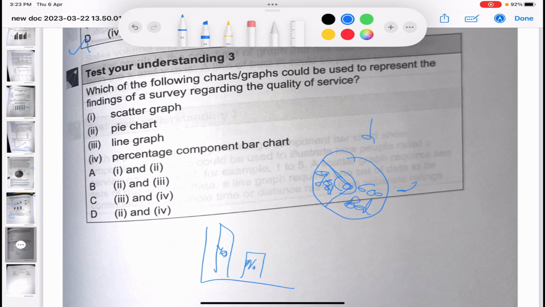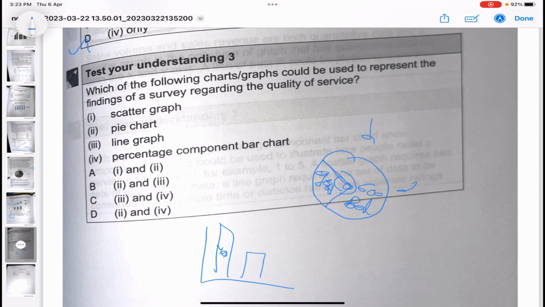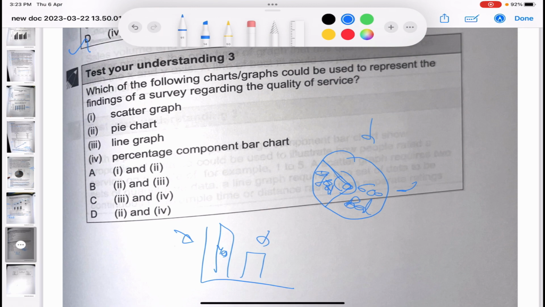So you can either show it in a pie chart, or you can show it in a percentage component bar chart. Think about it for a second. Can I show it in a simple bar chart? Is it showing something?